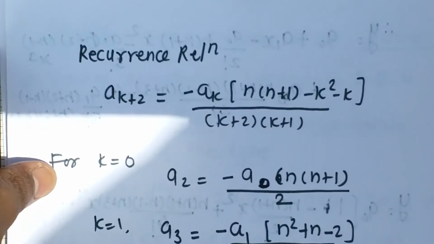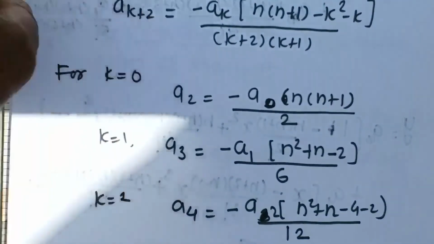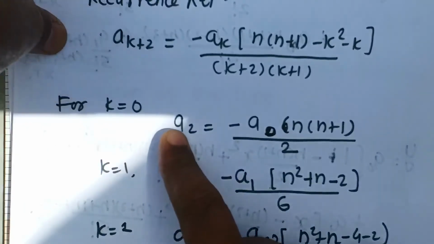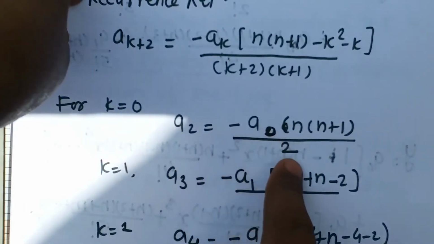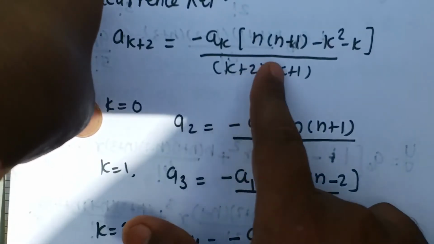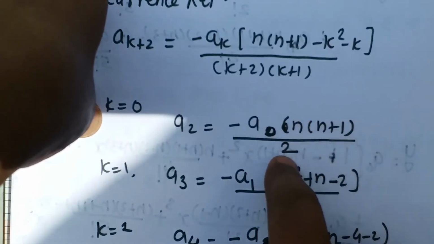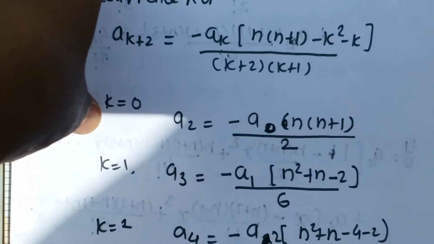Okay, so few constants I have determined for you. The first constant, when we put k equal to 0 in the recurrence relation, we will get a2 as minus a0 by 2. k equal to 0, if you put in the denominator, we will get 2 into 1, that is 2. In the numerator, n into n plus 1, and the other terms are 0. So n into n plus 1 upon 2. This is the value of a2 in terms of a0.